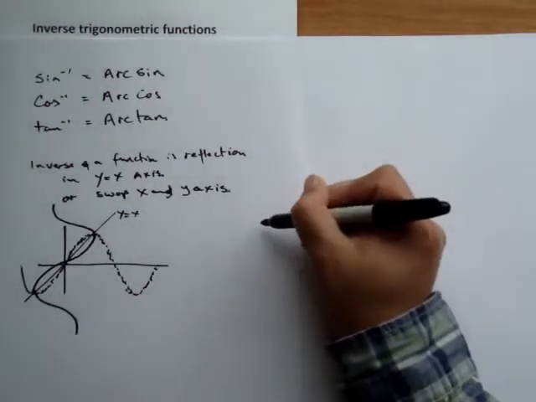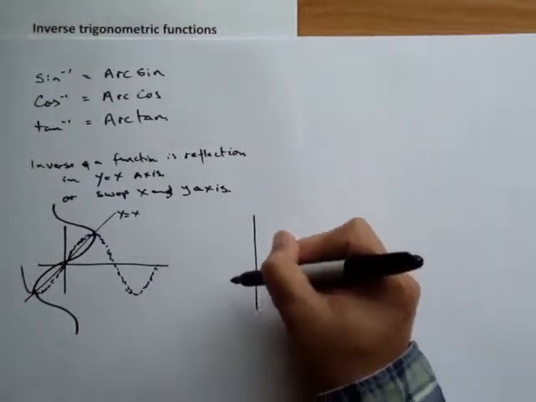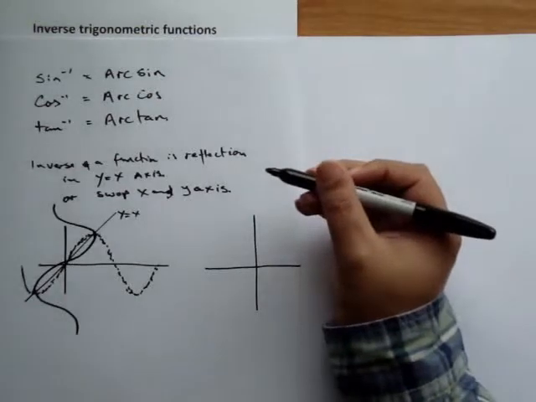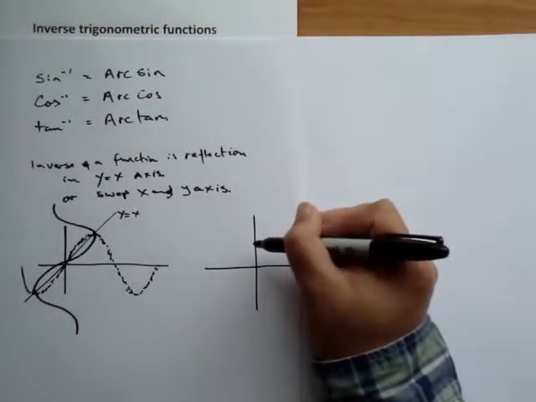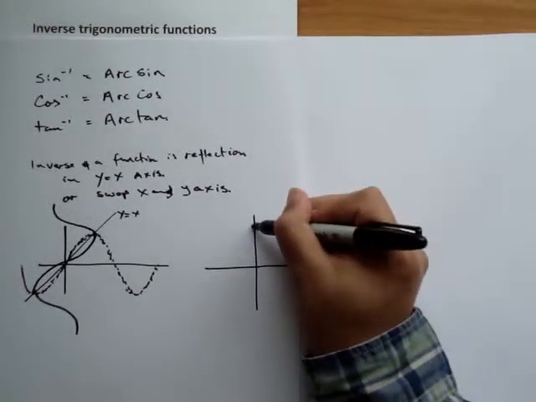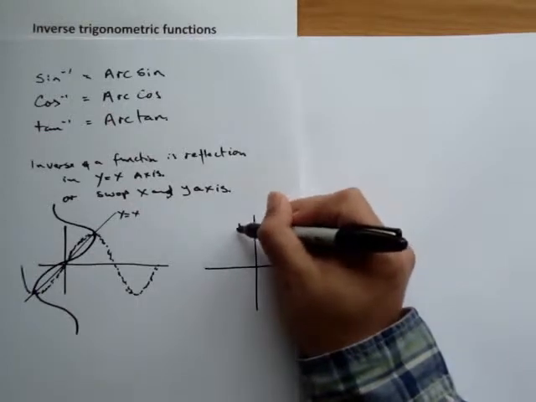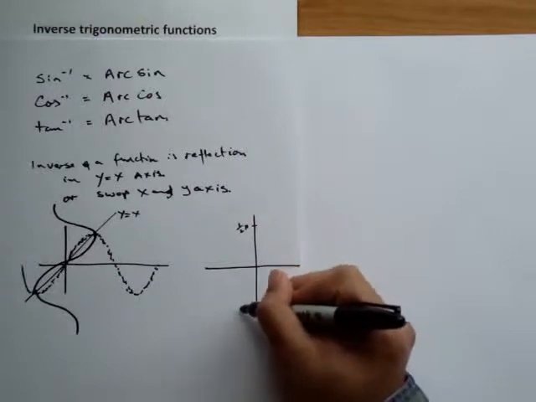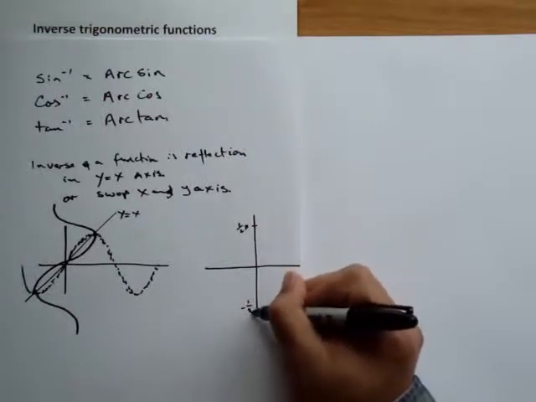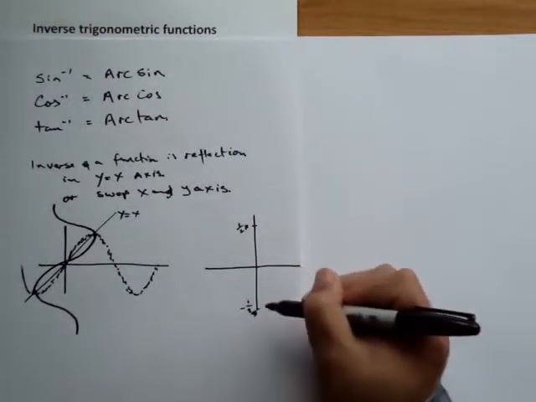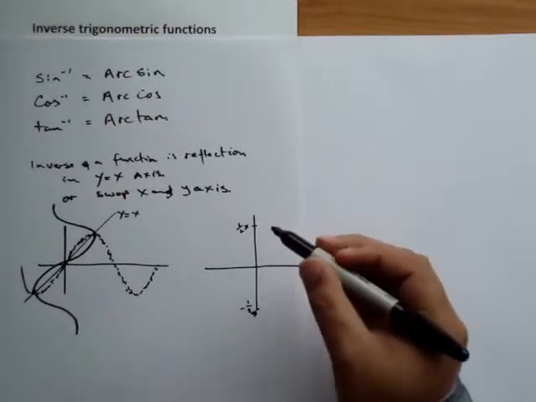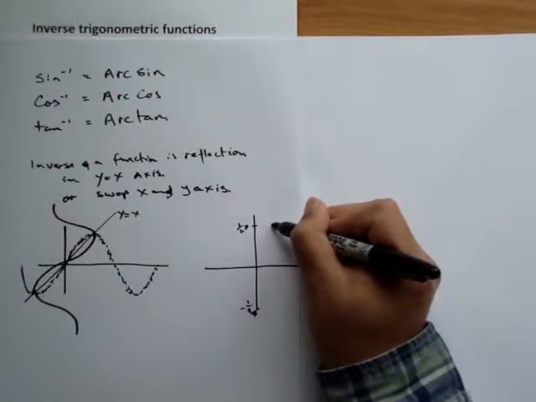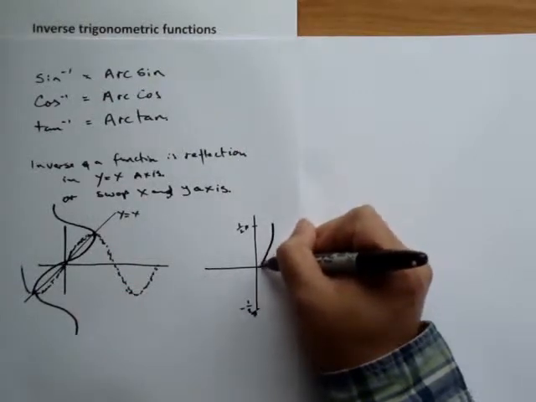If we want to draw both, where we swap the x and the y axis, so this would then become say half pi here, and minus half pi over here. So our arc sine would go something like this.